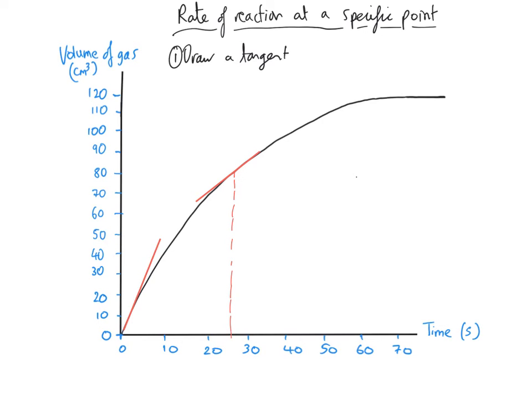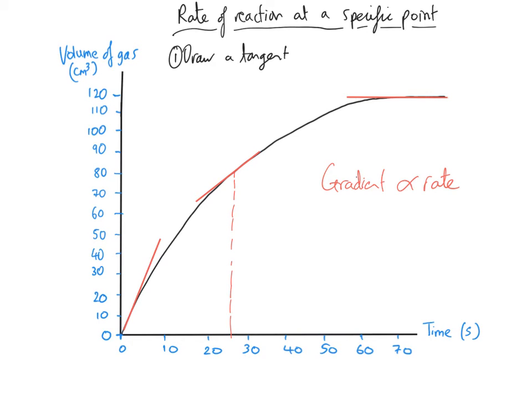So that tangent is for 25 seconds during the reaction. And then let's add another tangent at the end of the reaction, and you can see we've got a line like that. And so remember what we've said previously, that the gradient is proportional to the rate. And so a steeper gradient means a faster rate.